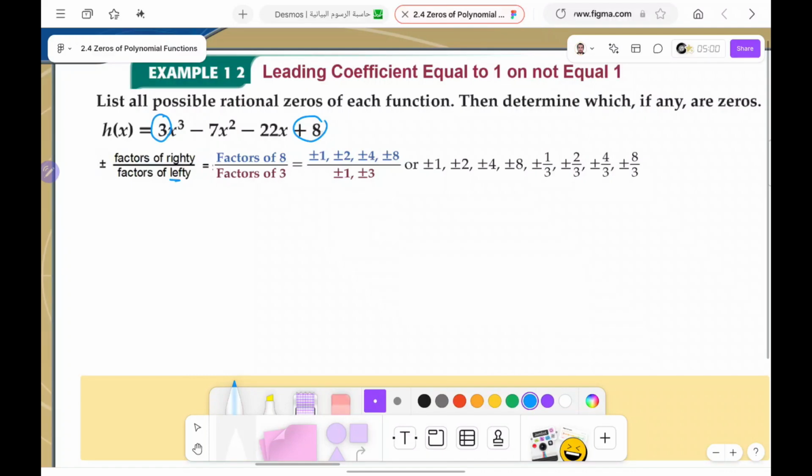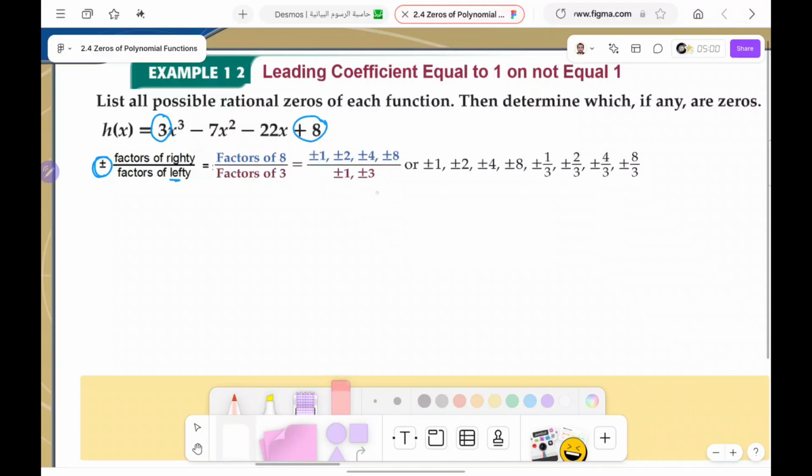What are the factors of 8? The factors of 8 are 1, 2, 4, and 8. And as you see, it's plus or minus, so you have to take all the factors as positive and as negative: positive 1, negative 1, positive 2, negative 2, positive 4, negative 4, positive 8, negative 8. The factors of 3 are only 1 and 3, and you also take them as positive and negative.